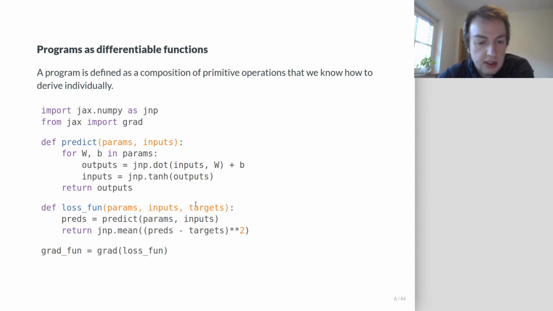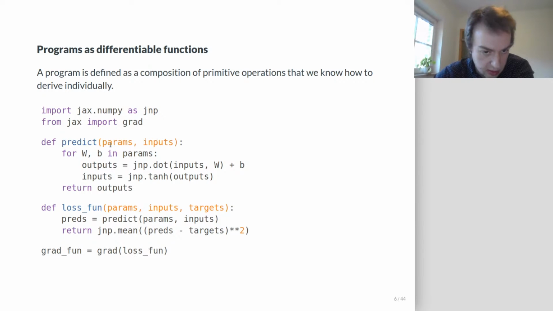And indeed, what is done here is, so you have, for example, a first function which corresponds more or less to a multi-layer perceptron. It takes as arguments some parameters and some input values.